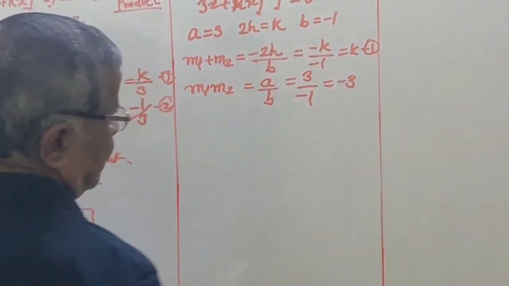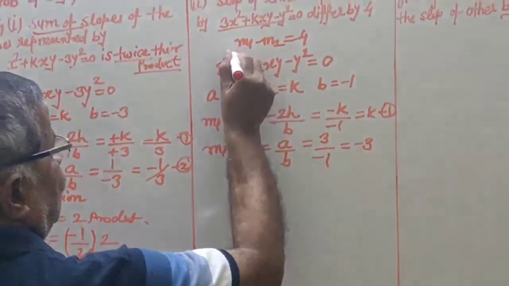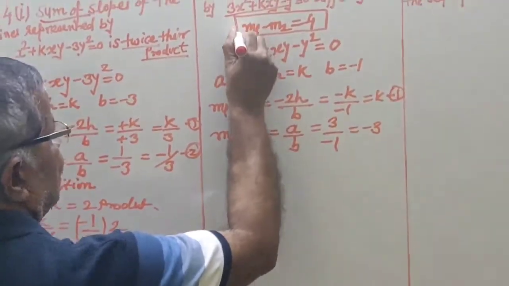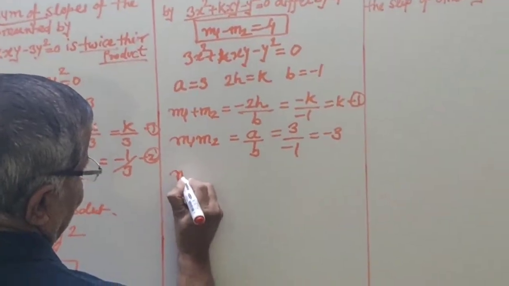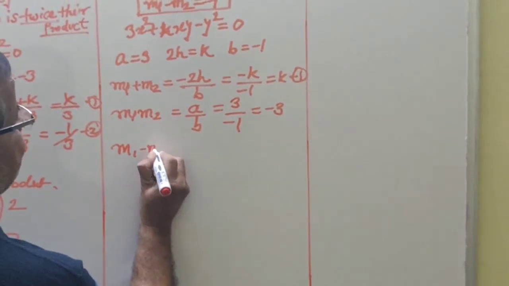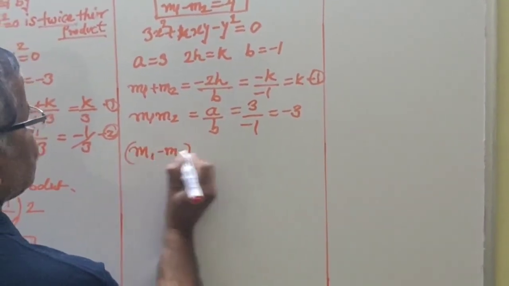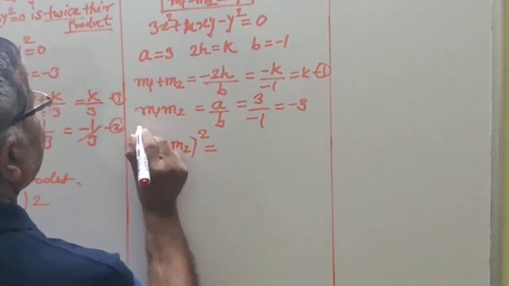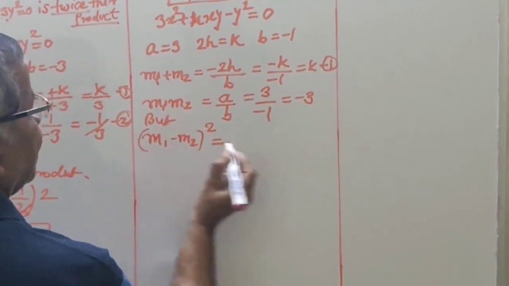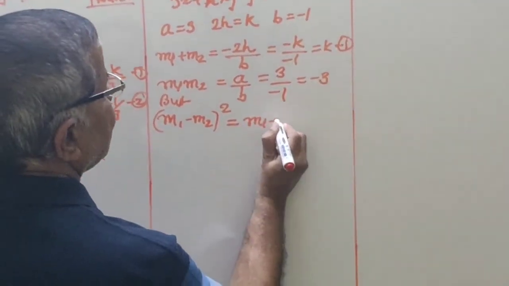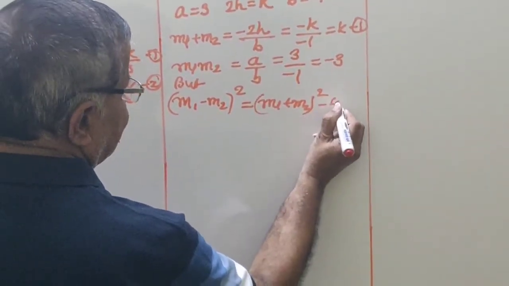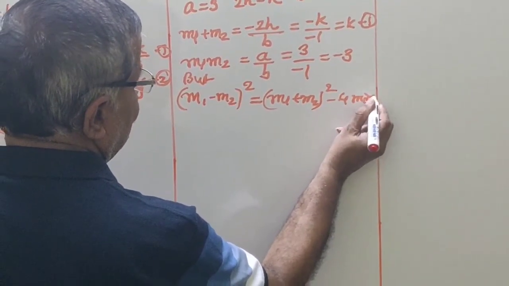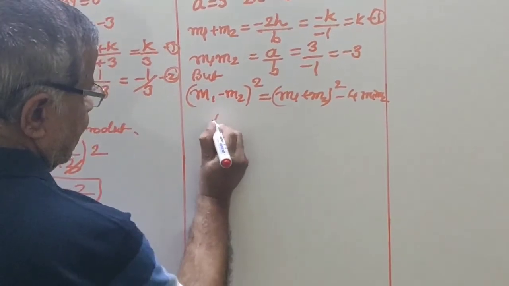Minus 3 will come here. Now what is the condition given? m1 minus m2 is equal to 4. Now you know the formula: m1 minus m2 the whole square is equal to m1 plus m2 the whole square minus 4 m1 m2. Now I can substitute the values here.